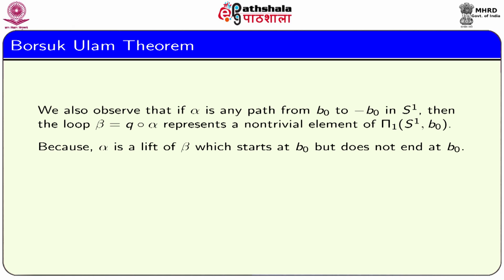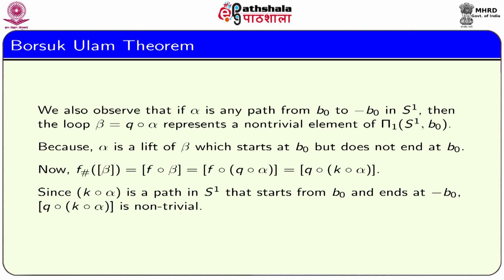We also observe that if alpha is any path from B0 to minus B0 in S1, then the loop beta equal to Q composed alpha represents a non-trivial element of pi 1 S1 based at the point B0, because alpha is a lift of beta which starts at B0 but does not end at B0.